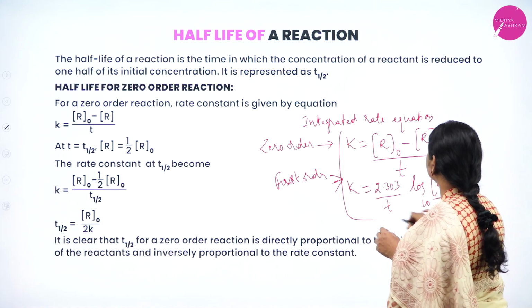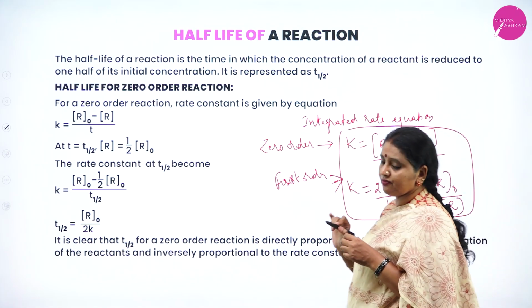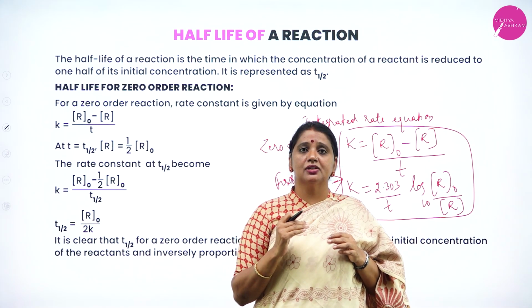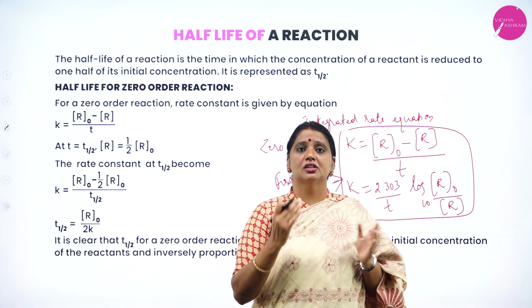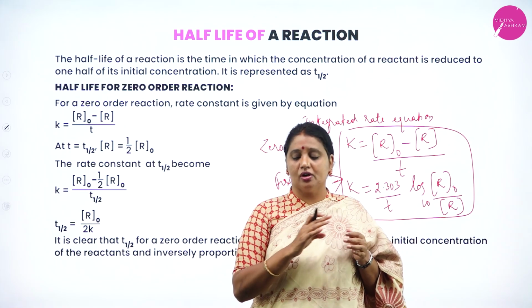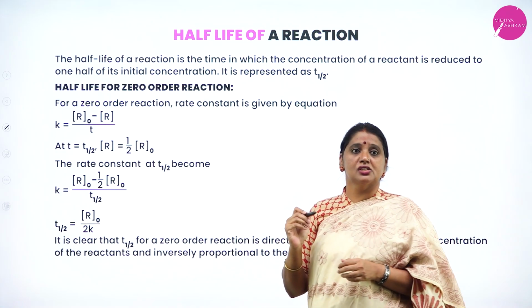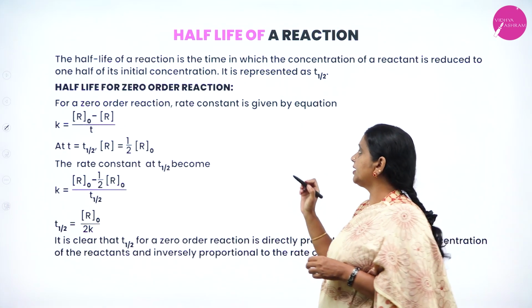These two are called the integrated rate equations for zero order reaction as well as first order reaction. Similarly, I derived the half-life period of zero order as well as first order reaction.